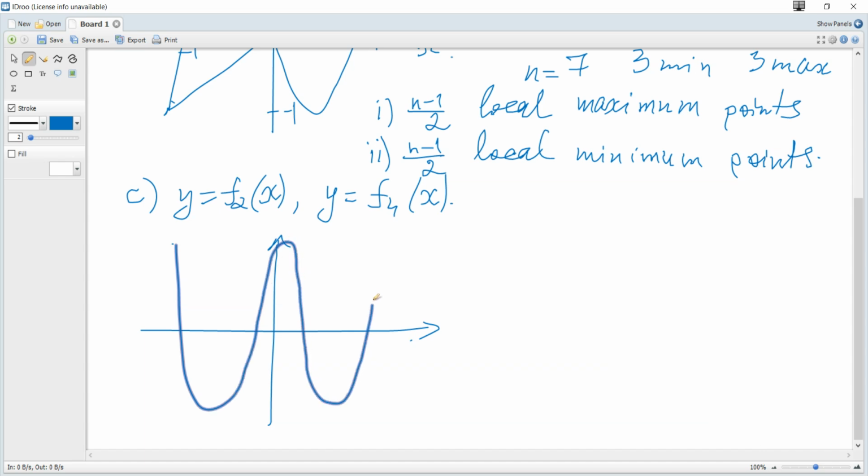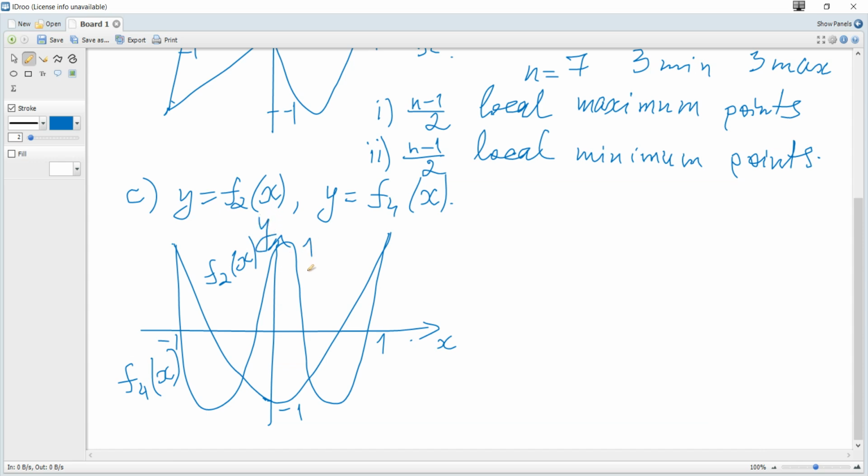It should be symmetrical, something like this. So it's f2(x), f4(x), from negative 1 to 1 for x, from negative 1 to 1 for y.